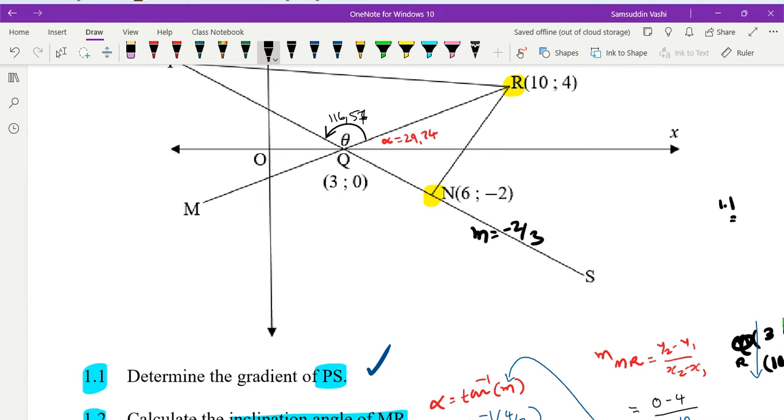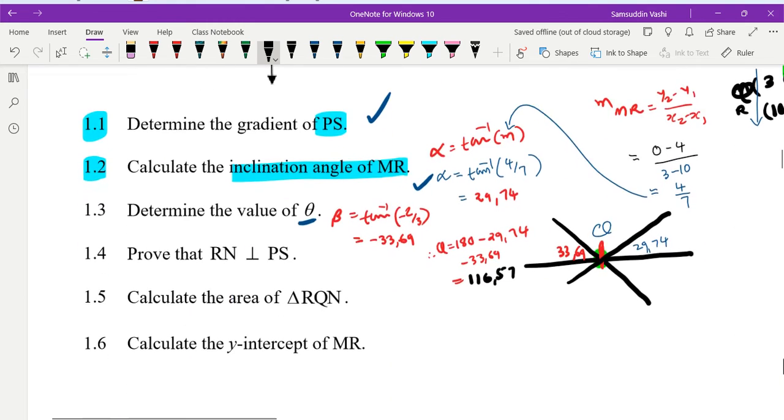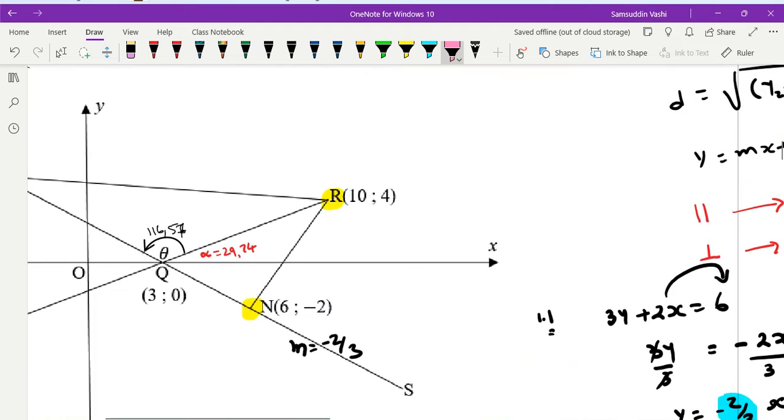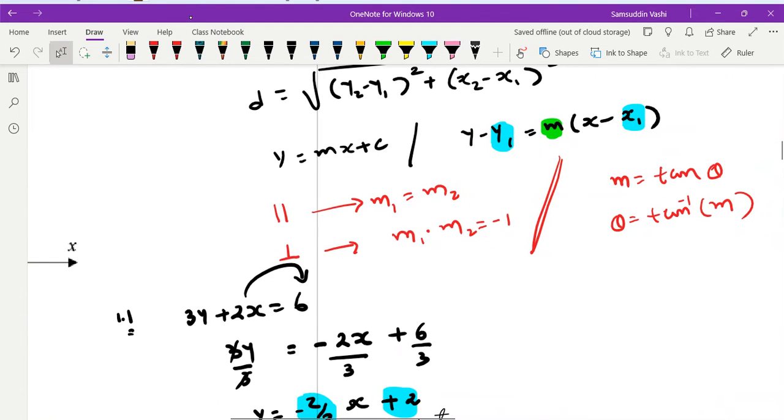All right. Any questions so far? Good. What do I need to prove now? RN perpendicular to PS. What do we know related to perpendicular? When we started, this is the condition for perpendicular. So the product of the two gradients must be equal to minus 1. Okay.